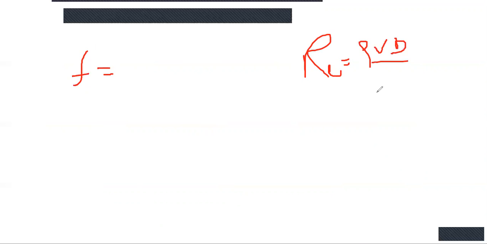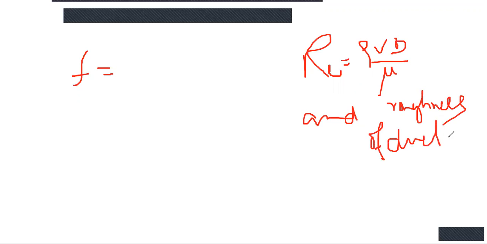Now, friction factor is a function of Reynolds number. We already know friction factor is a function of Reynolds number. Reynolds number is rho V d by mu, and the roughness of the duct, that is calculated by epsilon by d.